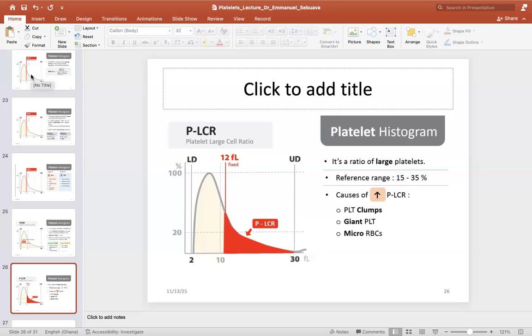Now, if somebody had gone through chemotherapy, where the bone marrow has been cleared, and then there are new cells being produced, you realize that there will be a certain pool of new platelets that will be produced.